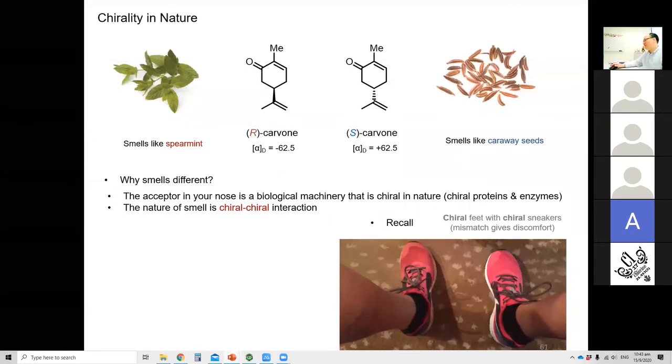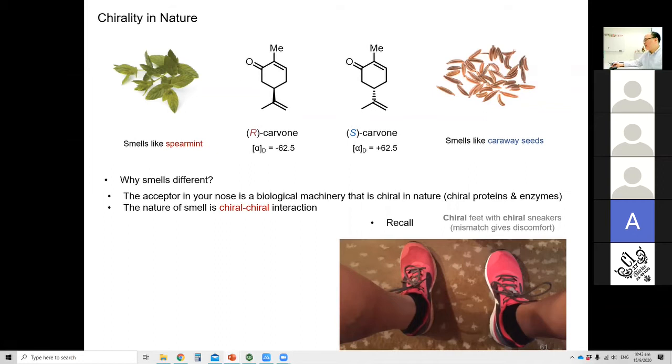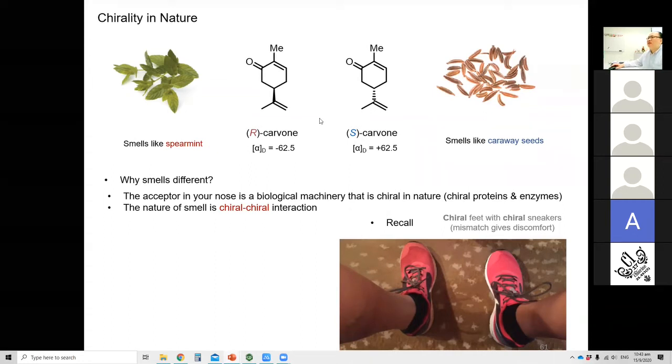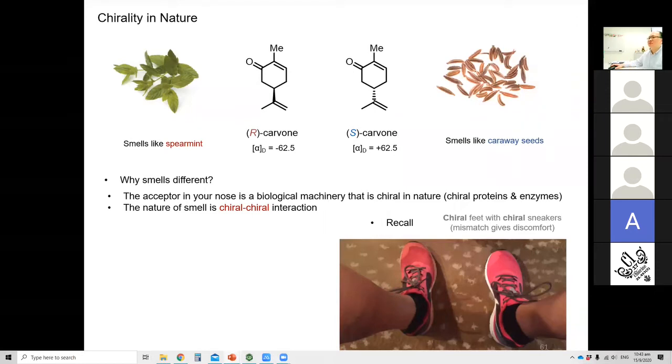But the interesting thing is that in a class of about 50 students, there are almost always 5 to 10 students who cannot differentiate between R carvone and S carvone. To them, they smell exactly the same.